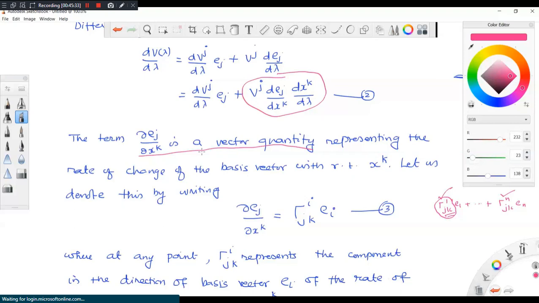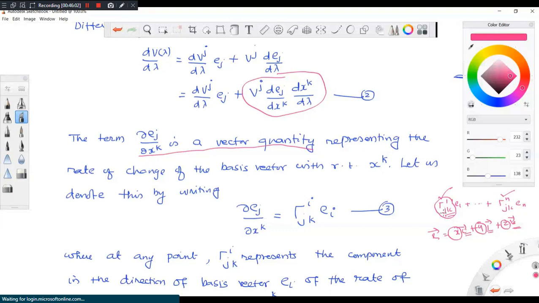In the same way, dej by dxk is a vector. If it is a vector, it will have components in the E1 direction, E2 direction, and so on up to the En direction. Am I right? Yes, sir. So what is the component in the E1 direction? Gamma 1 jk, times E1.